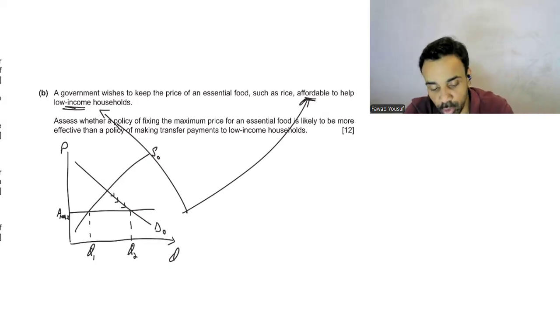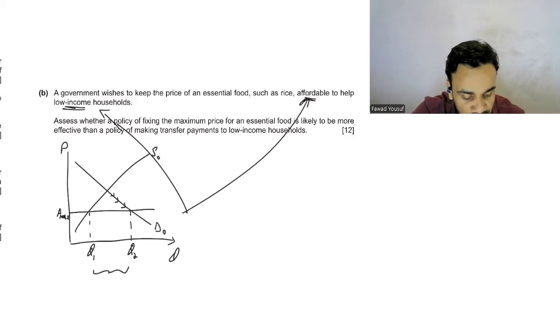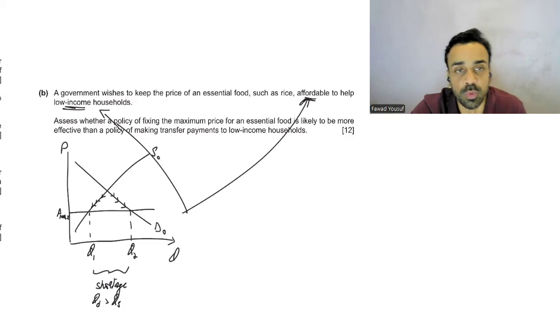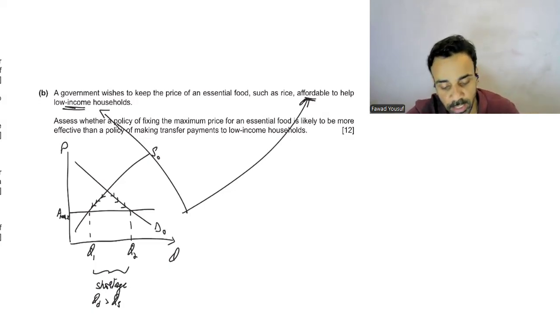Naturally, your explanation will end up covering how, because of the price being below equilibrium, quantity demanded will increase but quantity supplied will fall, and as a result there will be a shortage. Some people will benefit while many will not be able to buy that product. That's your counter argument, by the way.